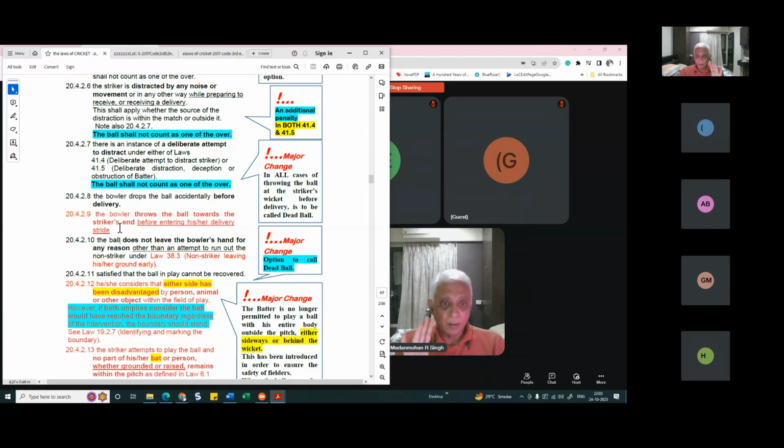So now the lawmaker said, enough is enough. There are no answers for those things. So what we will do is, if he throws the ball at the striker's wicket in his run-up, we will allow him to throw at the non-striker's wicket and try and claim a run-out, which is fine. But if he does that to the striker, in all cases it will be dead ball.